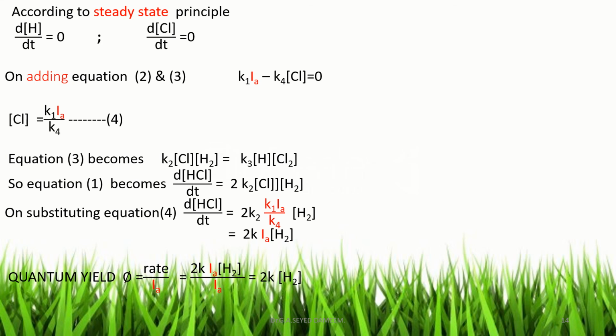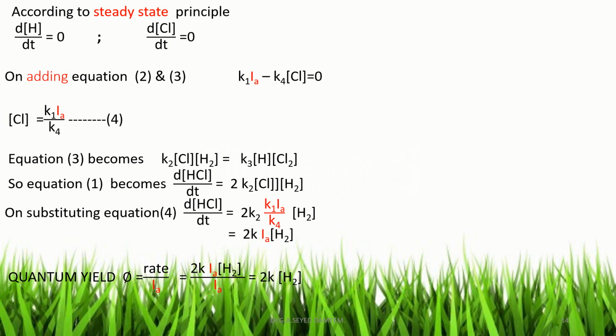So on adding equations 2 and 3, we get K1Ia minus K4[Cl] equal to 0, by cancelling the plus and minus terms of K2[Cl][H2] and K3[H][Cl2]. So the concentration of Cl is equal to K1Ia divided by K4. That is very simple, and let this be equation 4.